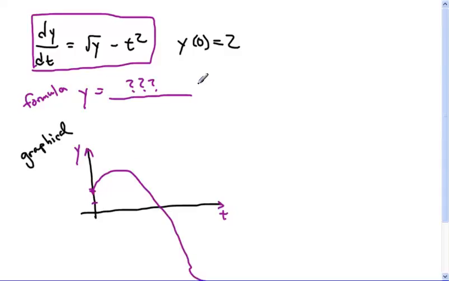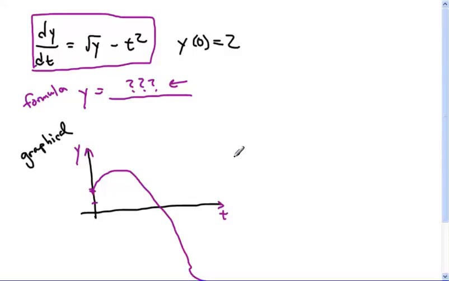So although we don't know the formula, we know what it looks like. And that's nice, and that's qualitative. That gives us a general sense of the behavior of y. y initially increases, but then it maxes out at some number, and then it starts dropping, and then it goes negative, and it keeps dropping. So in words, that's what y will do.